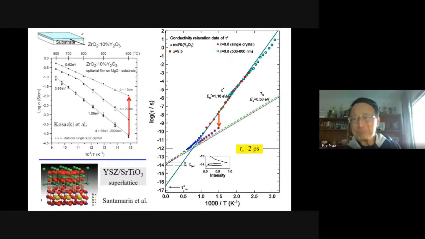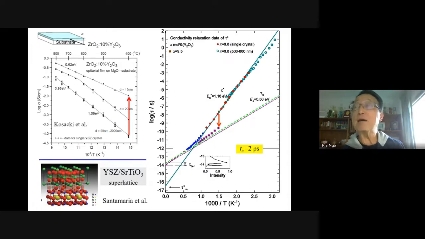Look at the actual data. When you extrapolate to T infinity, the prefactor at the very bottom on the right side, you see tau infinity star is 10 to the minus 16.5, which is ridiculous. There's no such prefactor, a frequency like that.